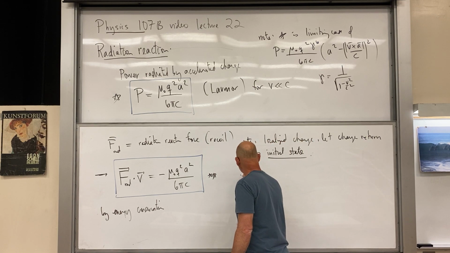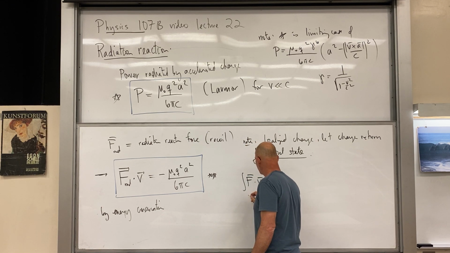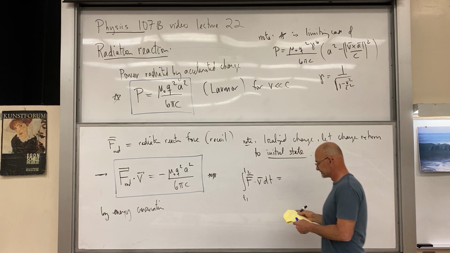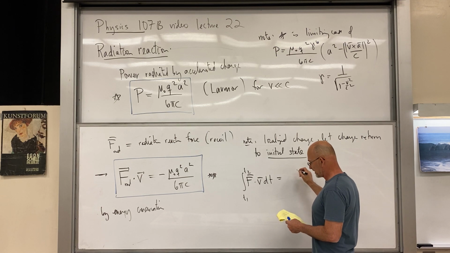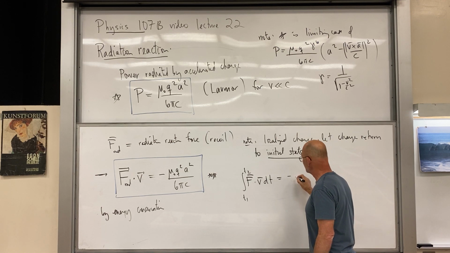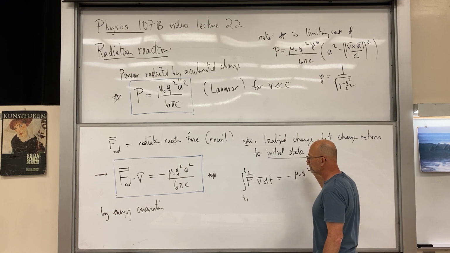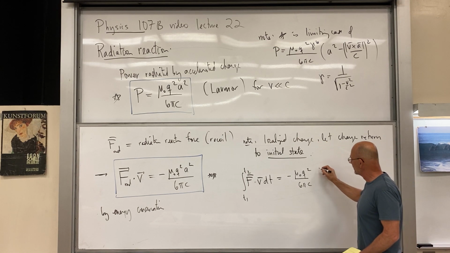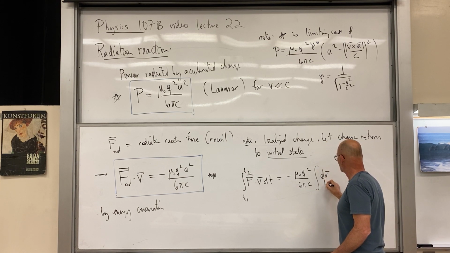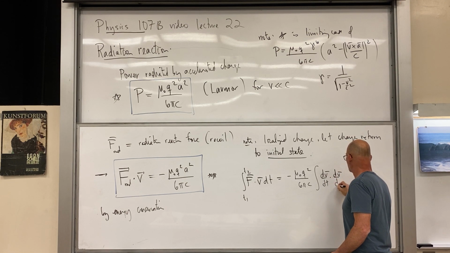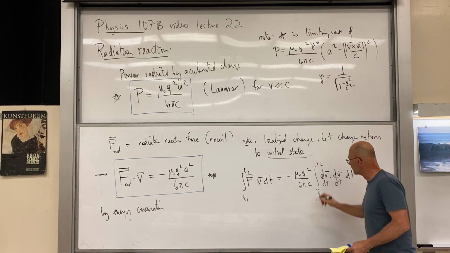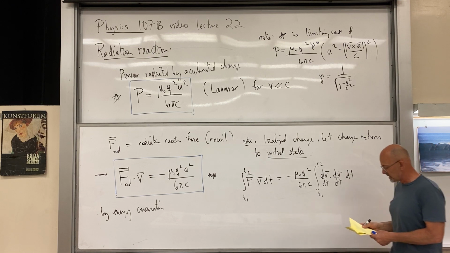So we'll integrate the integral of F dot v dt, say from t1 to t2, and that will be the minus mu naught q squared over 6 pi c, but the a squared we'll have as dv/dt dotted into itself, also t1 to t2. So we'll do an integration by parts on this expression here.